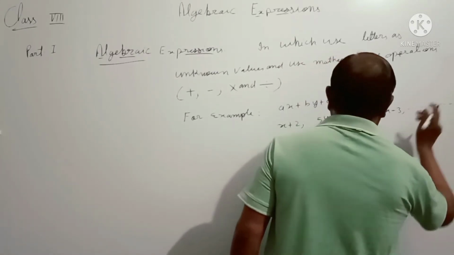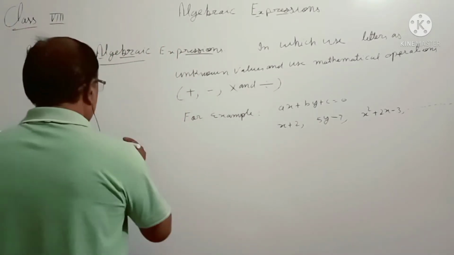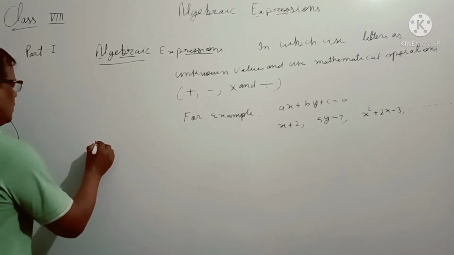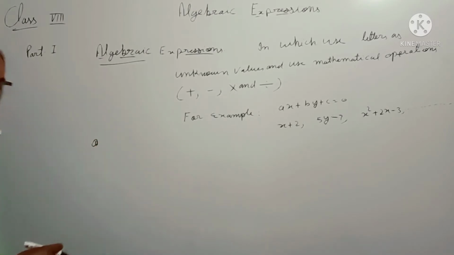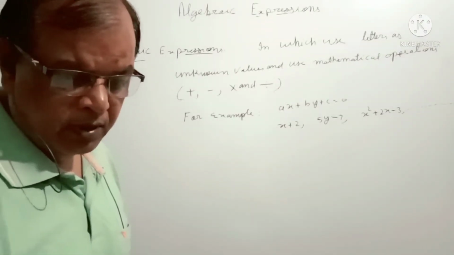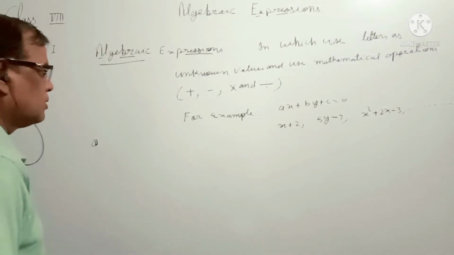We can write these as algebraic expressions. Now I want to know how we add them, how we subtract them, how we represent them, and what the terms are.